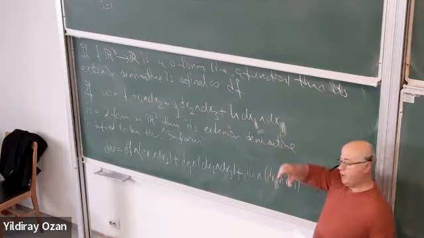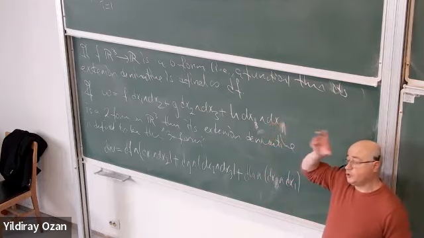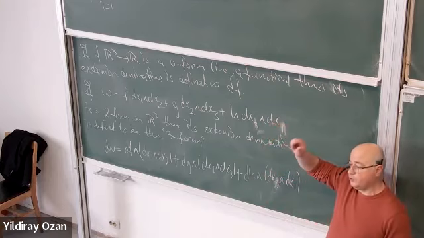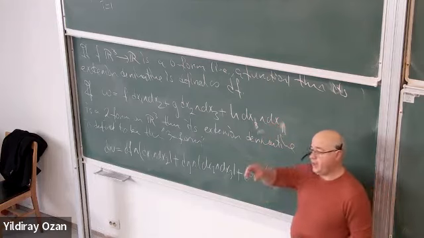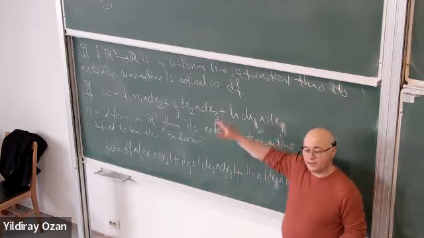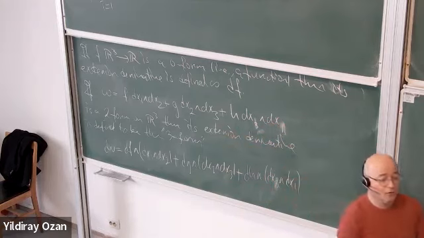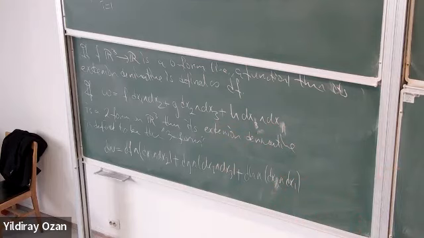So dx wedge dy corresponds to determinant of 2 by 2 matrices. Dx wedge dy wedge dz will correspond to determinants of 3 by 3 matrices, nothing else.